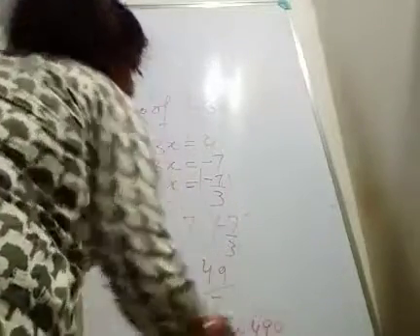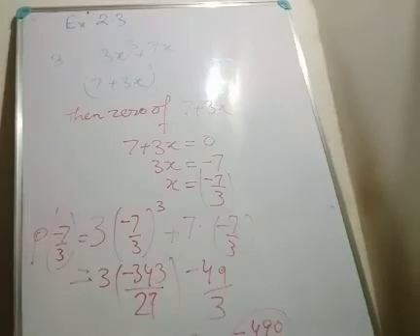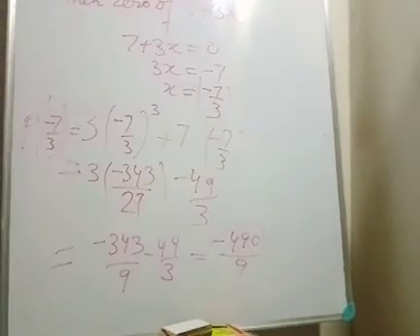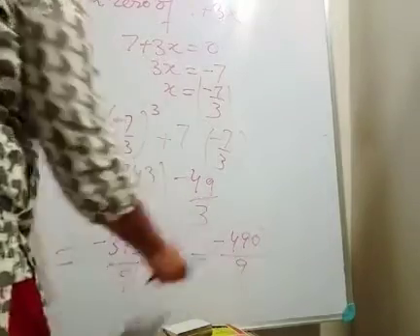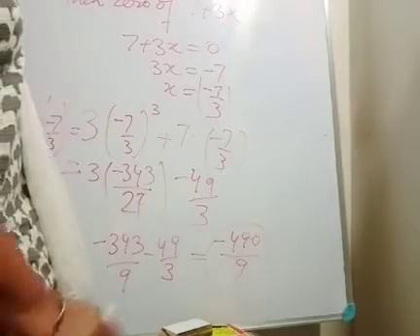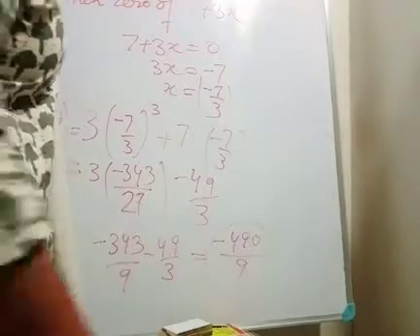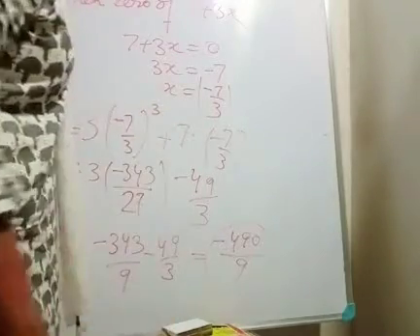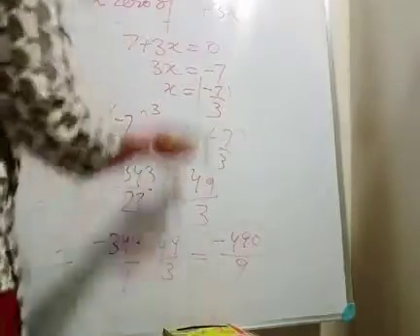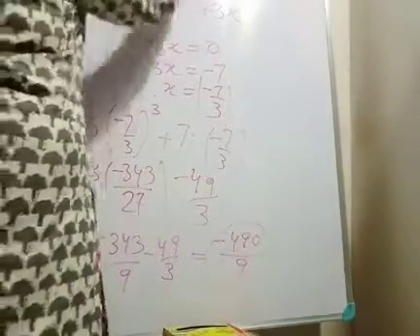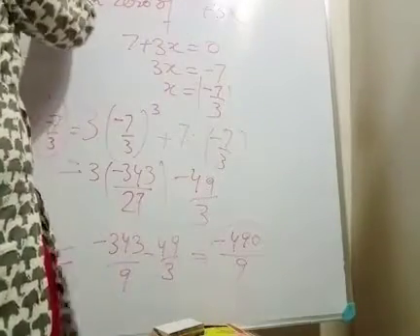So here you see minus 490 by 9 is the remainder. We don't get the remainder as 0. So we can't say that 7 plus 3x is a factor. So write down no. Write the conclusion: No.